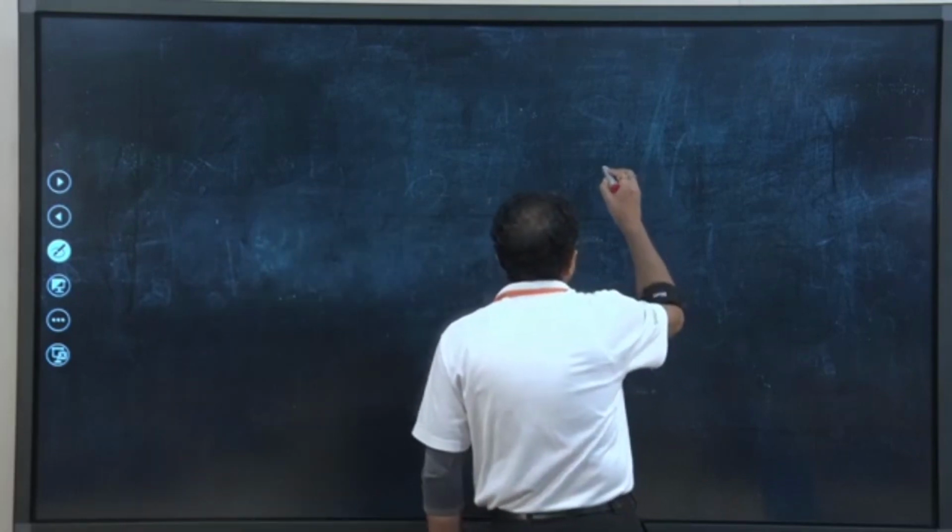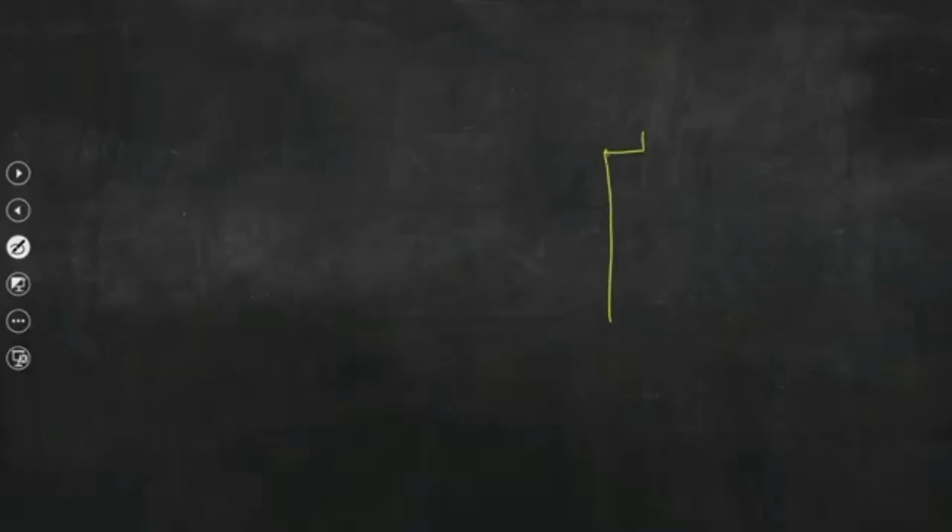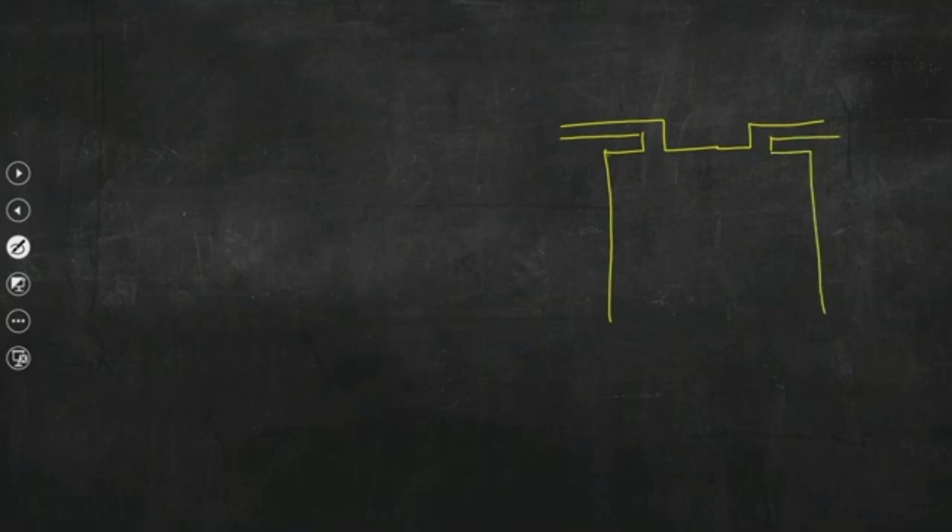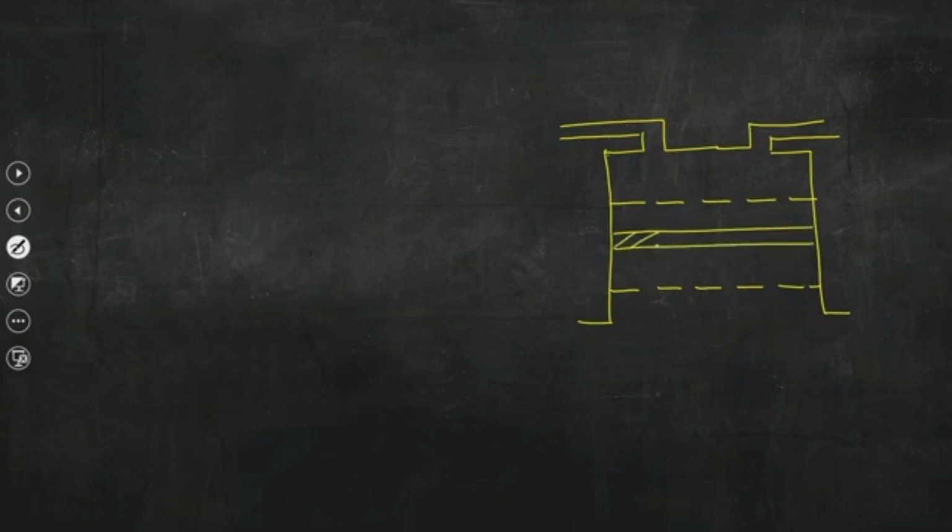So, if we draw the schematic, this is the top dead center and this is the bottom dead center, and the piston is having reciprocating motion between these two centers, TDC and BDC.